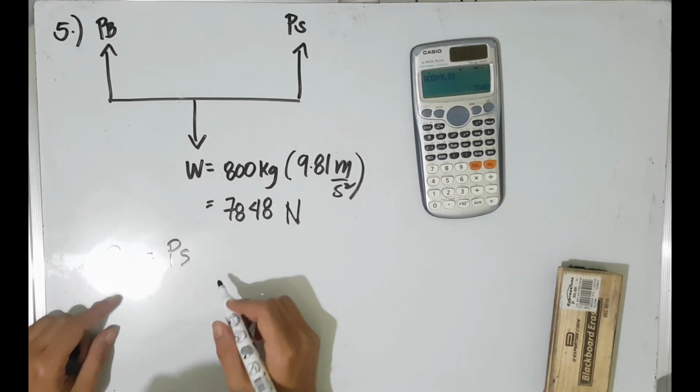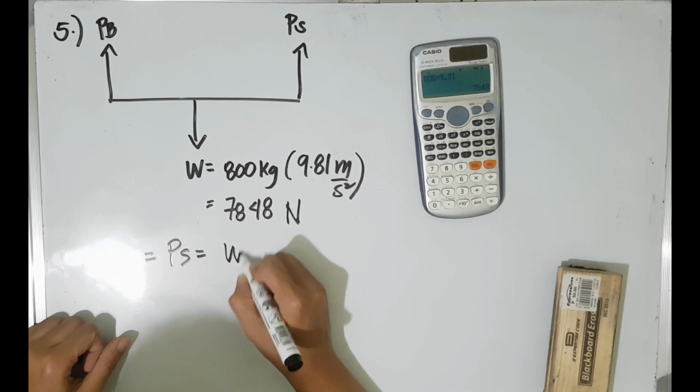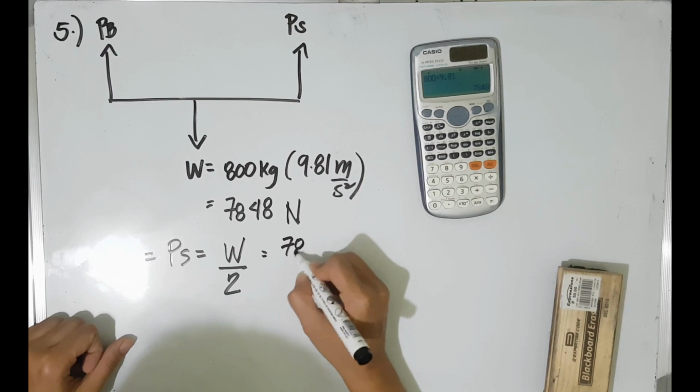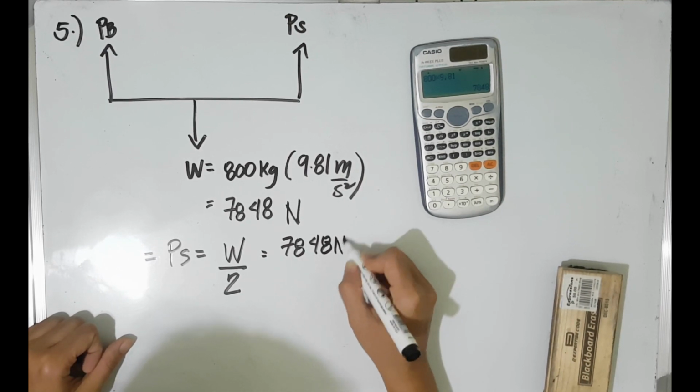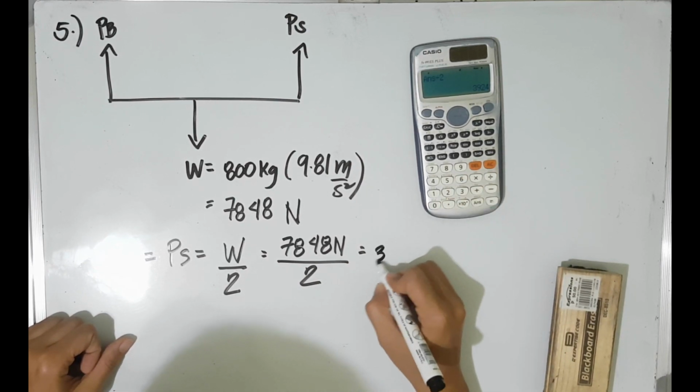And then since the cables are located at both ends, the forces in bar A and bar B, or the bronze and steel, is just equal to 7,848 divided by 2, or just half of the weight of the bar.